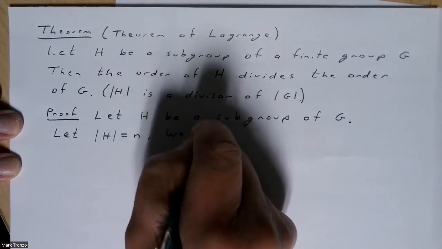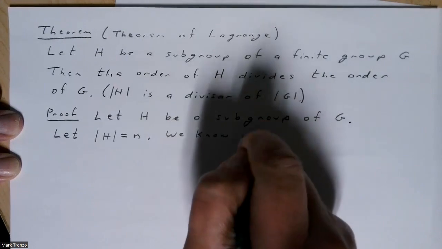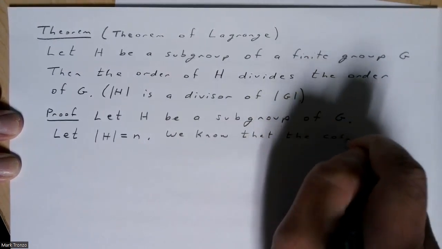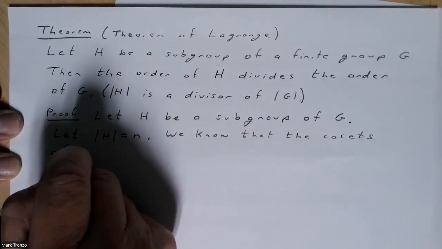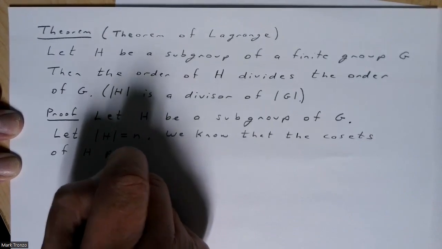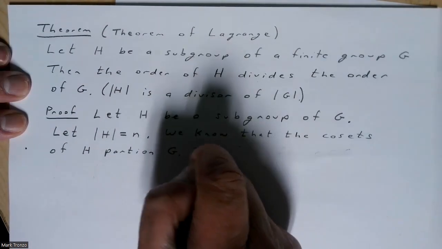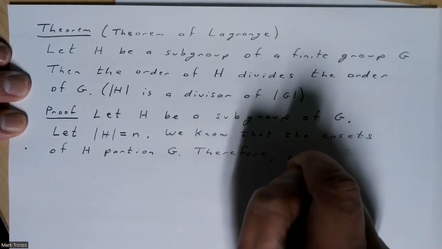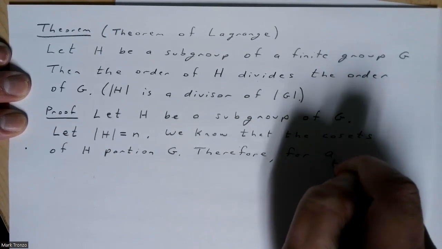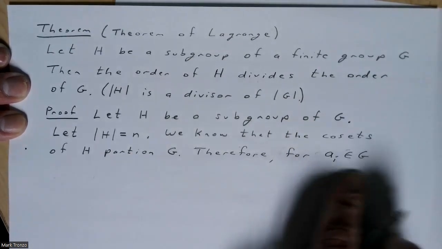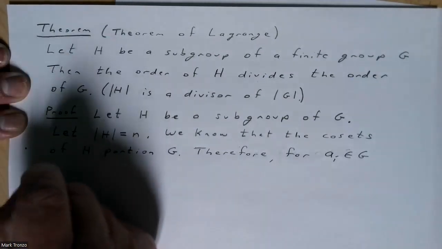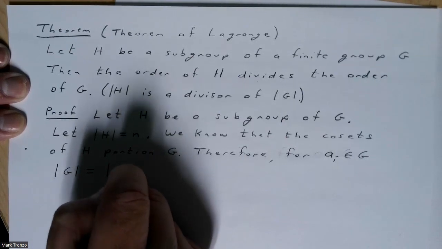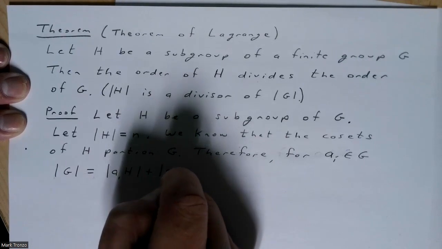Now we know that the cosets of H partition G, therefore for the elements, let me just call them a_i in G, let's say all the elements in G, then the order of G is going to be equal to the sum of the orders of the cosets.